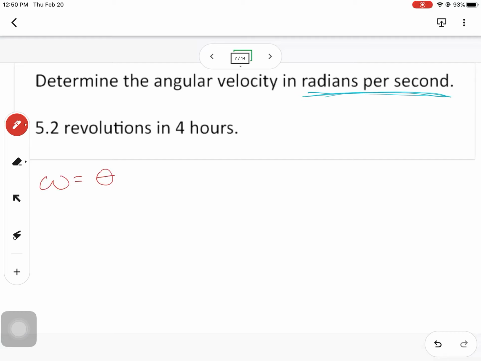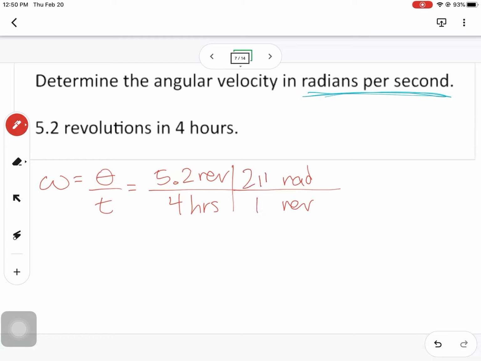Your omega is still your theta per time, and your theta is 5.2 revolutions in 4 hours. But I need to convert a couple of things. My revolutions need to be in radians, and my hours need to be in seconds. And you can do this in 1 jump or 2.